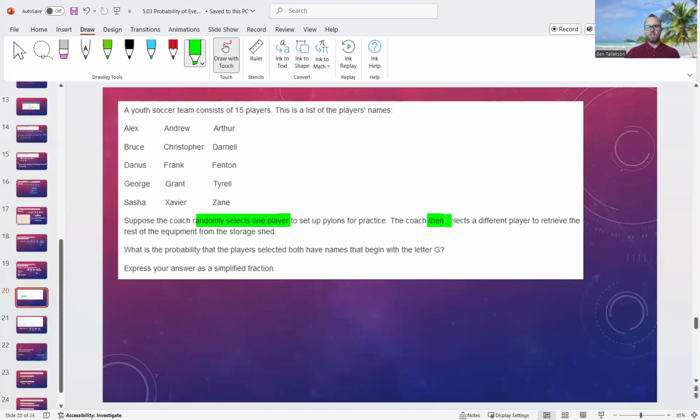The coach then selects a different player to retrieve the rest of the equipment from the storage shed. What's the probability that the players selected both have names that begin with the letter G? Express your answer as a simplified fraction. This is a good question as an exit ticket for you to practice.